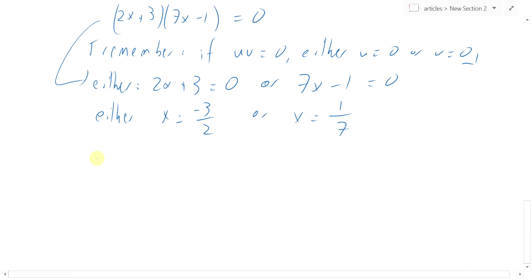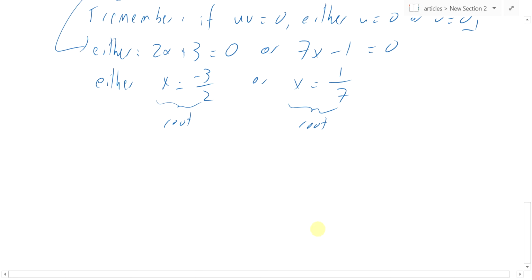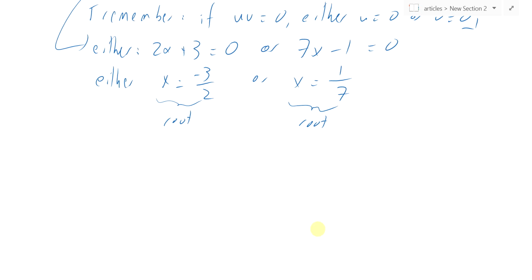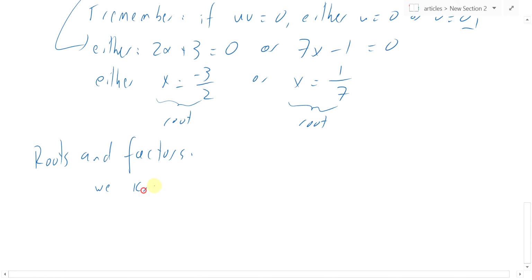So one way people call these is to call them roots. The solutions to a quadratic equation are also called the roots. As we'll also see in chapter 2, they're also called x-intercepts. So if you know a root, you can figure out one of the factors, right? So we know x equals minus 3 halves is a root.